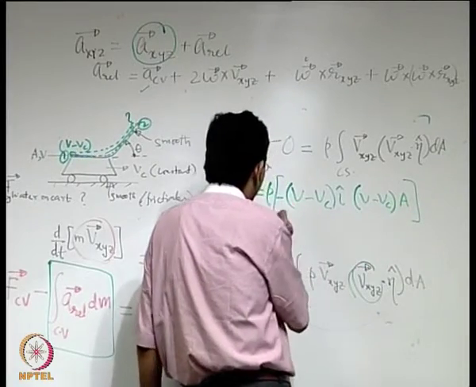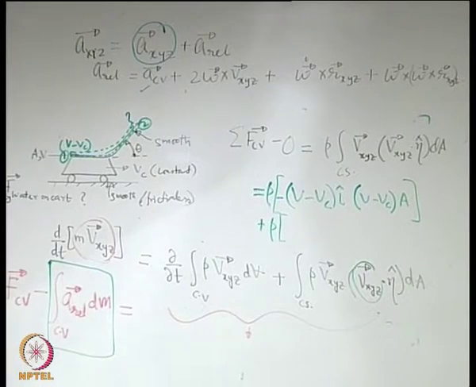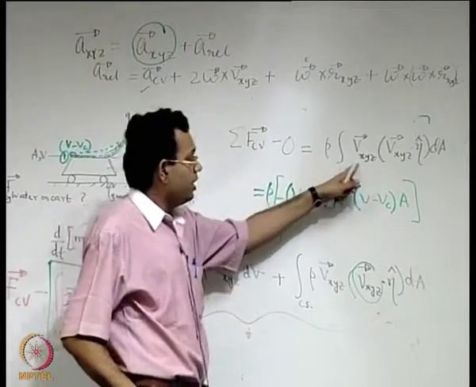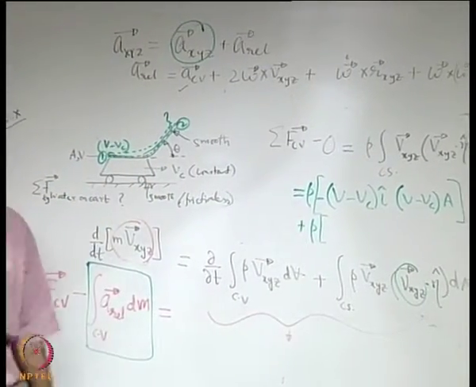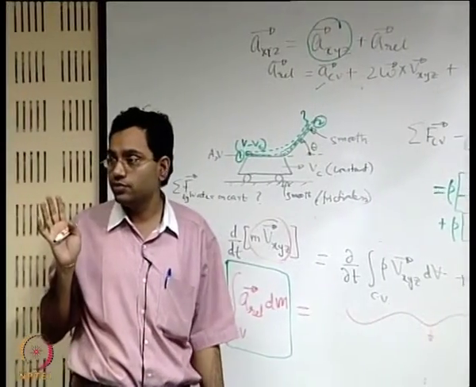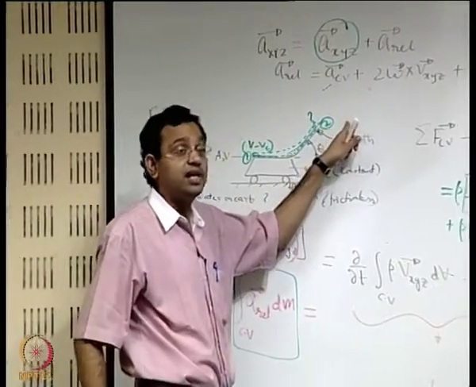Then for the outflow boundary, what you have? V small xyz, it is V minus Vc in magnitude, because kinetic energy only bothers about the magnitude. So, that is preserved, means V minus Vc is preserved, but it has changed its direction.